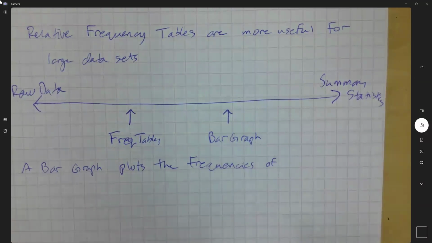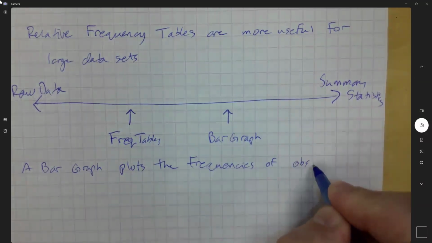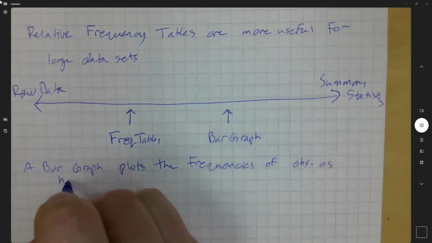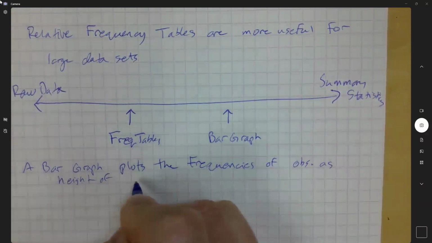A bar graph plots the frequencies of observations as the height of the bars.